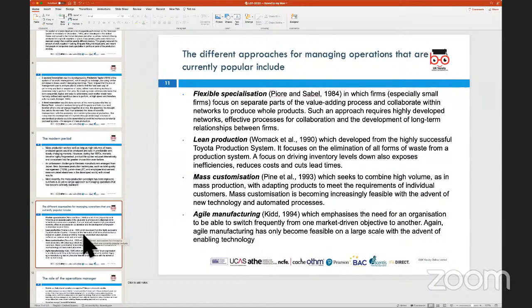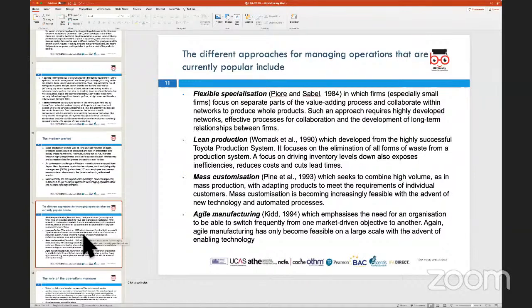Firms develop long-term relationships, they create dependency, and that dependency allows them to utilize specific value-added skills which are required to produce goods to the best quality, and they are then integrated into the finished product sold by, say, a car manufacturer.